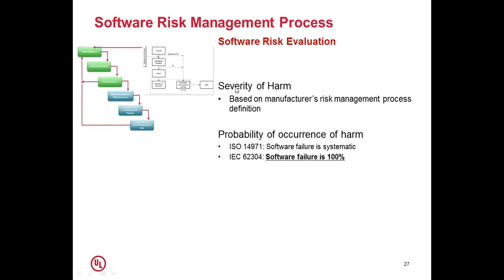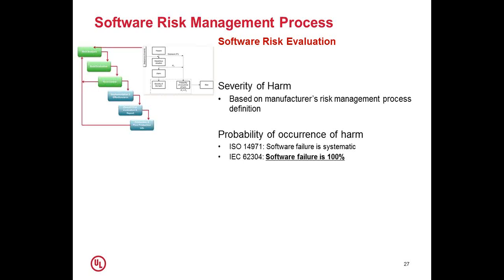Software risk evaluation: severity of harm is determined based on the manufacturer's risk management process. During this process, the manufacturer will need to determine the severity, whether a burn or death, and put it in minor, major, and so on, for each harm which we come across.